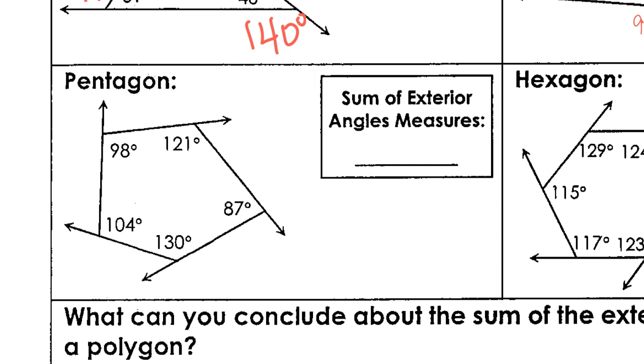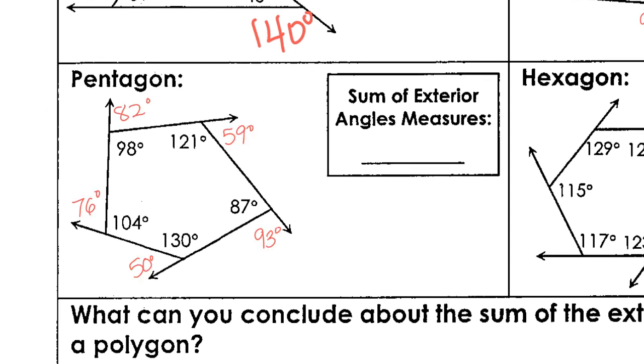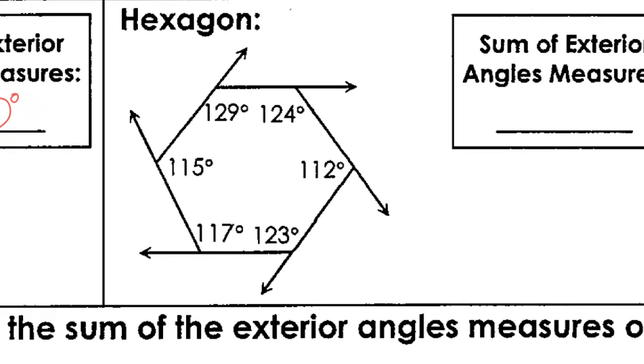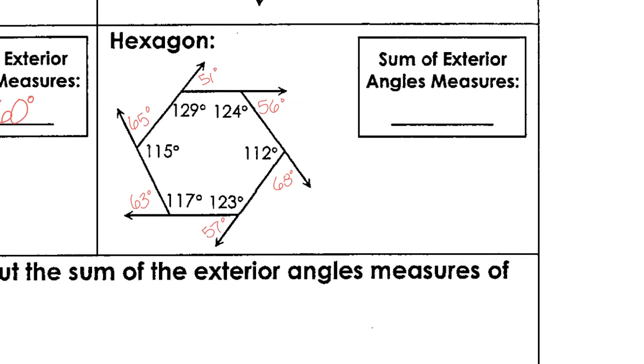So we need to find the 5 exterior angles of the pentagon. When you take those 5 angles and add them together, you get 360 degrees. Wow, look at that. So it looks like we should get 360 for a hexagon as well. Let's find out. And it looks like I'm going to get 360 here as well.